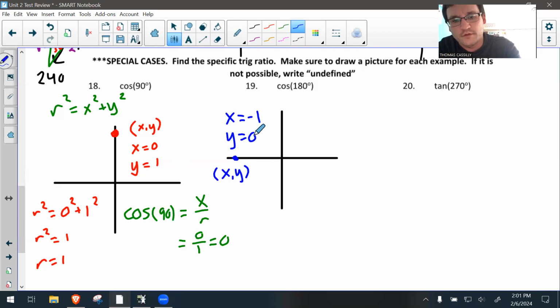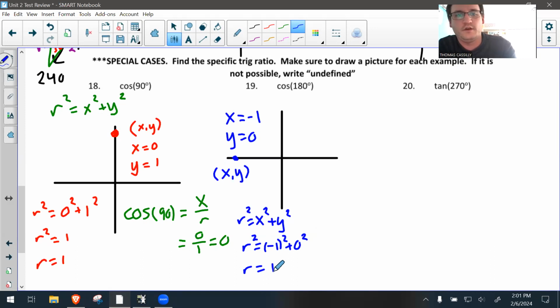So we know, once again, r squared equals x squared plus y squared. So r squared equals -1 squared plus 0 squared. I'm going to skip a step and say r is 1. So x is -1, y is 0, and r is 1.